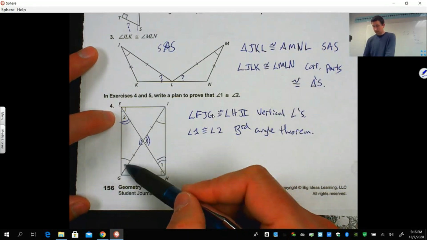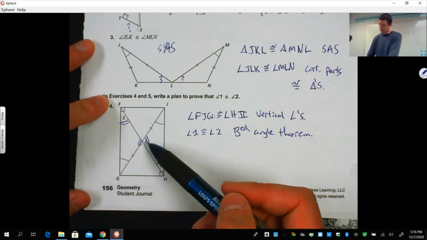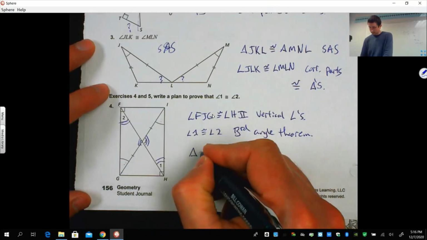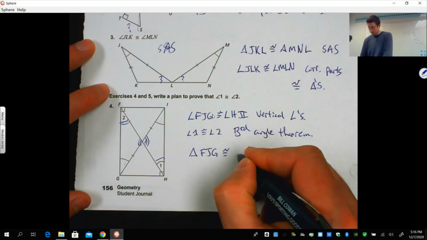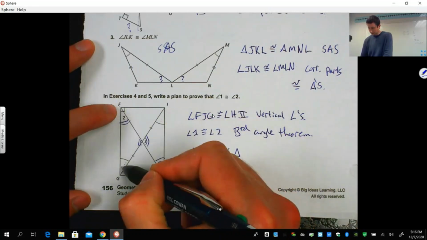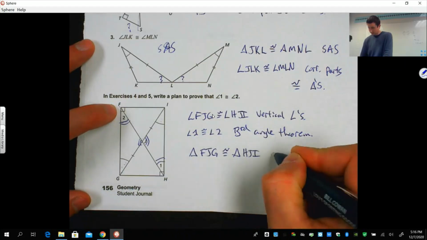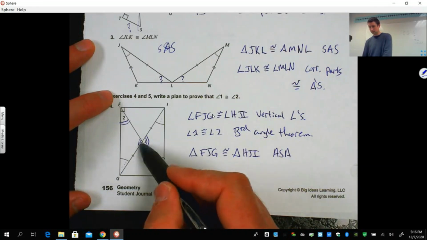Or you have angle side angle, which I think is more the way the textbook was wanting us to do this problem. You have angle side angle. So we could say angle FJG is congruent to angle HJI, because of the angle side angle theorem. Okay, see the side is between the two angles that you know.